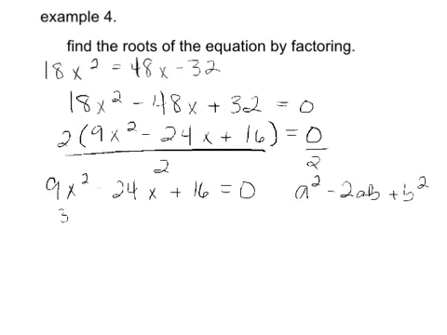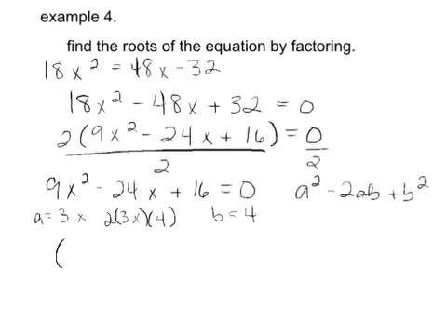Okay, a is 3x, b is 4, and in the middle, so our a term is 3x, our b term is 4, in the middle you get 2 times a times b. If you page back a little bit to those equations you wrote down, that's what it's going to break out to be. So it's pretty simple.